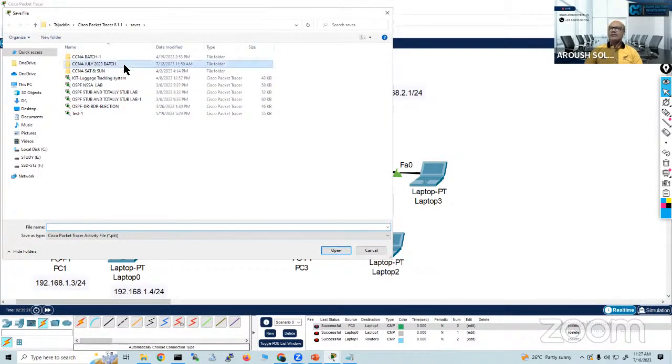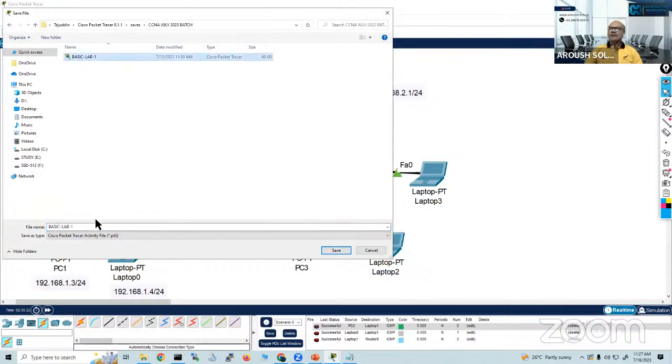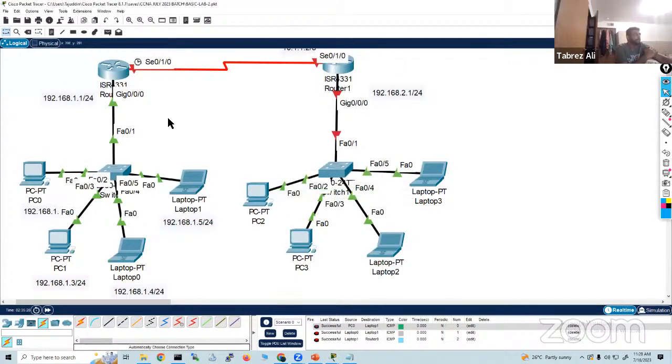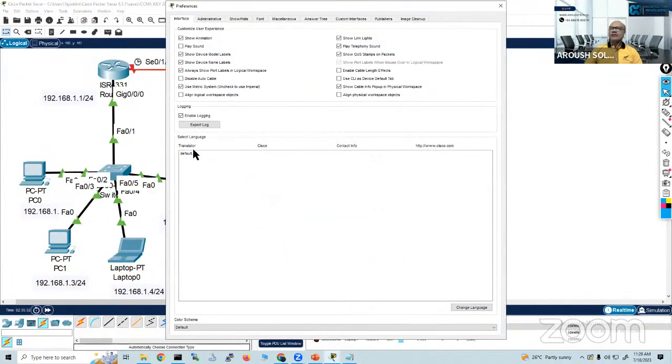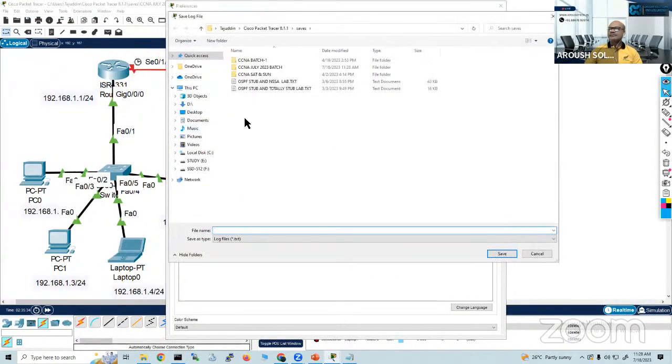July batch. Okay, this is the batch, and this is lab 2. So I will also export these logs. Where is lab 2?